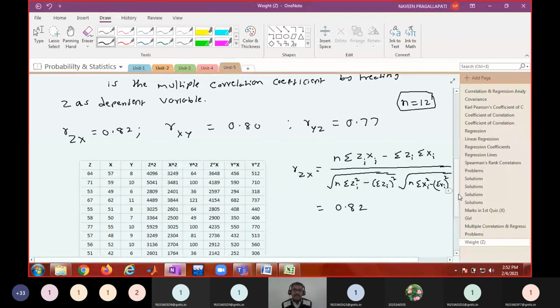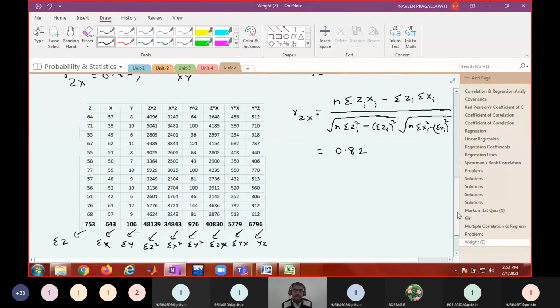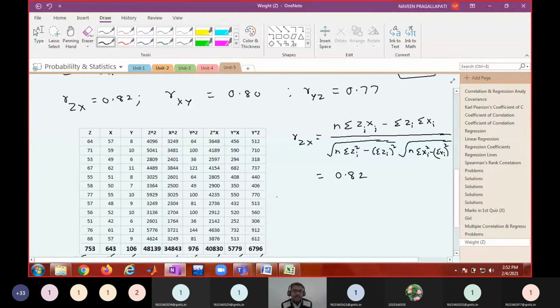Is that okay? Let me write down the remaining two formulas also, so that you will be able to refer. What can you tell me, rxy? rxy is n into sigma xi yi minus sigma xi into sigma yi.